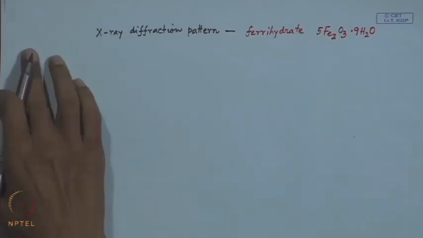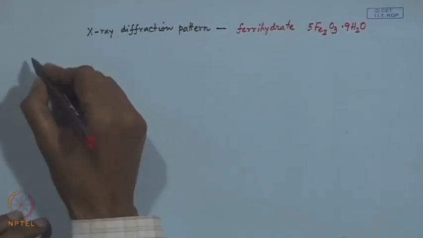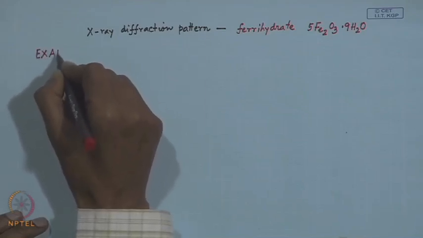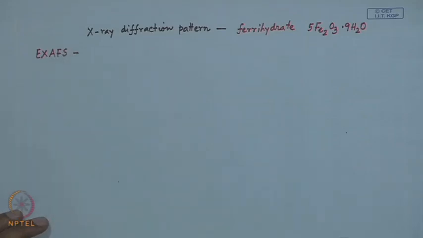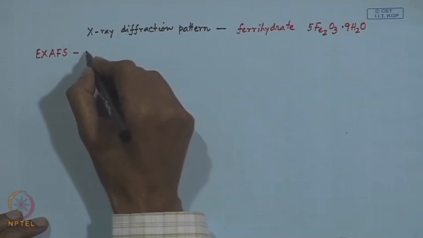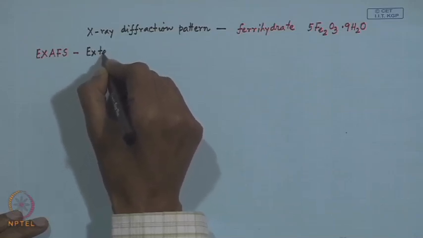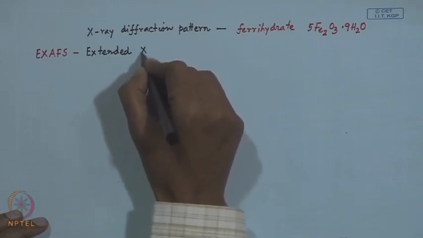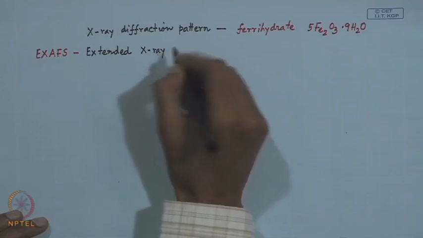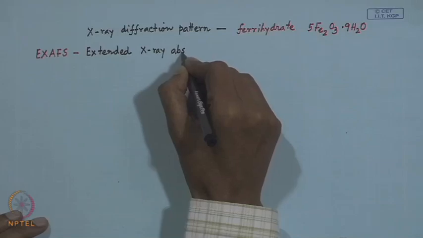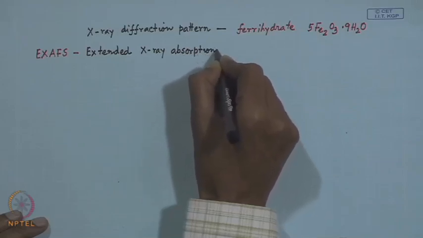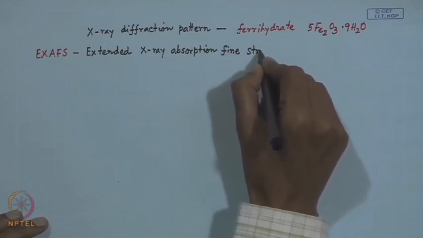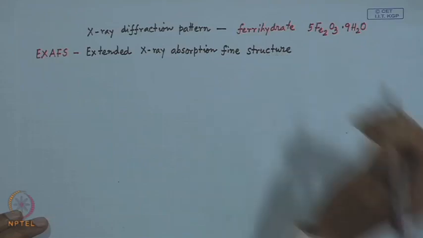Next, another physical technique which is very much useful for the determination of the nature of the ferritin core is XAFS, which is an X-ray absorption technique, extended X-ray absorption fine structure.